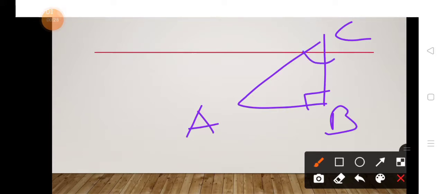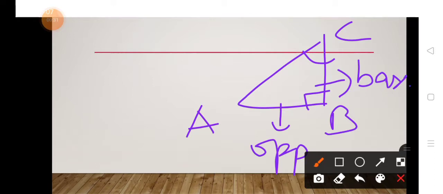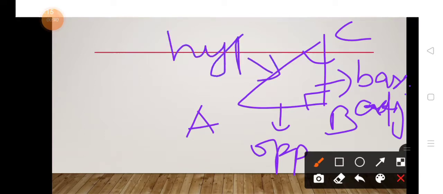This is the side opposite to angle C. And this is the base or adjacent here. And this is our hypotenuse. When we change the position of the angle, before it was on angle A, now I am putting it on angle C.